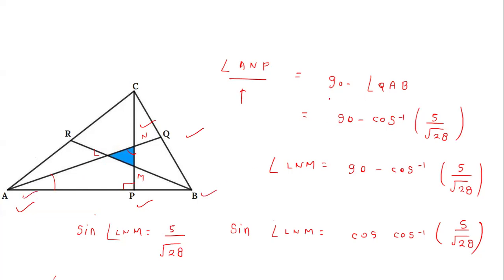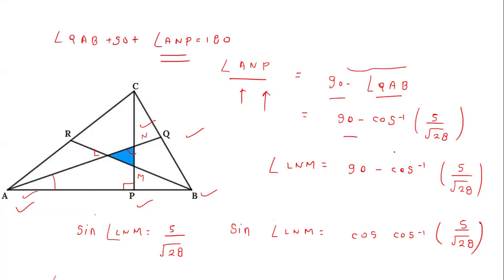So 90 minus this angle is our angle ANP, because the sum of the angles of a triangle is 180 degrees. So angle QAB plus 90 plus angle ANP is equal to 180 degrees, and from here you can calculate ANP. It will come 90 minus angle QAB.